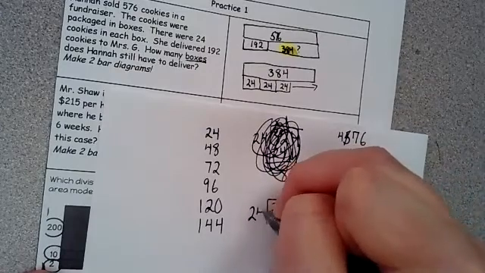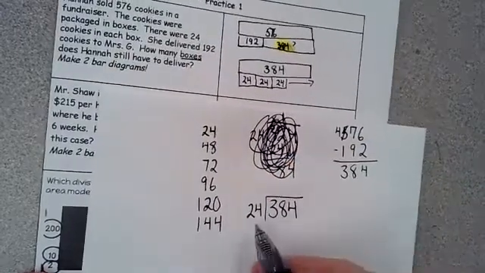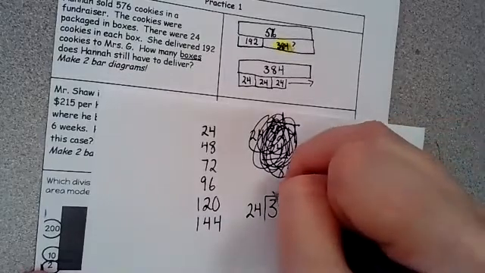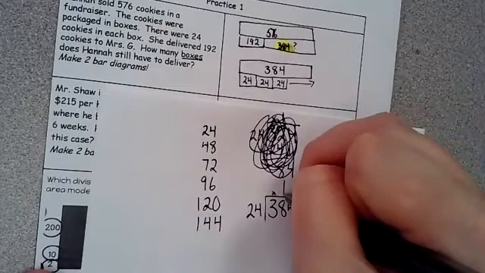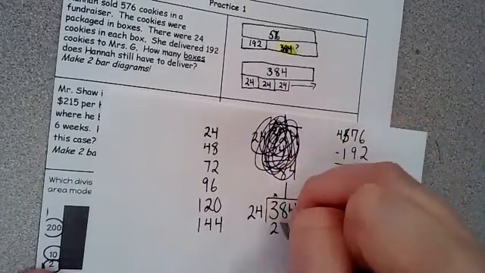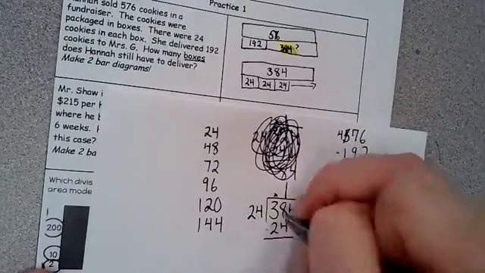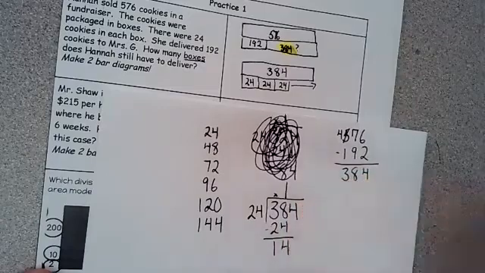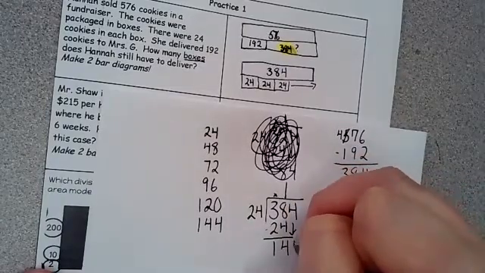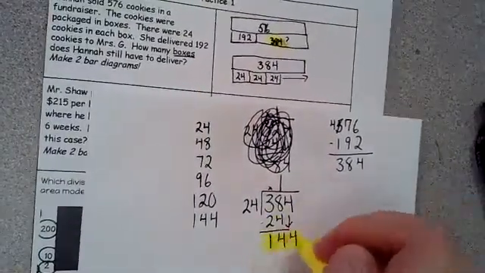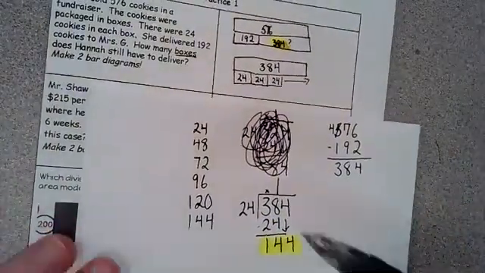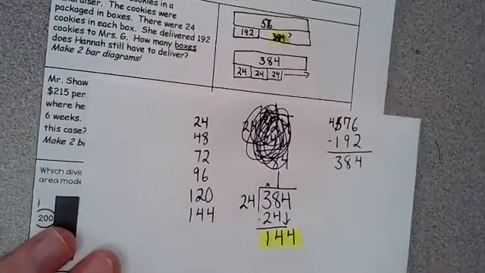And you're going to divide that by 24. Okay. How many 24s are in 3? There are none. How many 24s are there in 38? There is 1. 1 times 24 is 24. And when you subtract, you get 14. And then you can bring down your 4. The new number I'm dividing into is 144. How many 24s are there in 144?